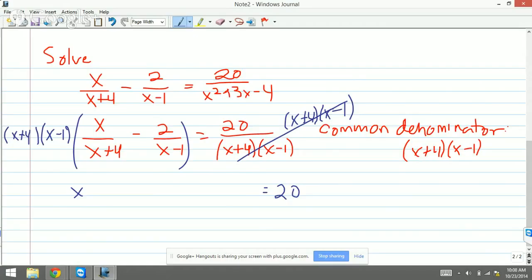So this is left with the first term, and then minus what's left over here: 2 times x plus 4, because the x minus 1s cancel each other there. Now, is that a little bit more simple? Again, the key: find the common denominator, multiply both sides by it.